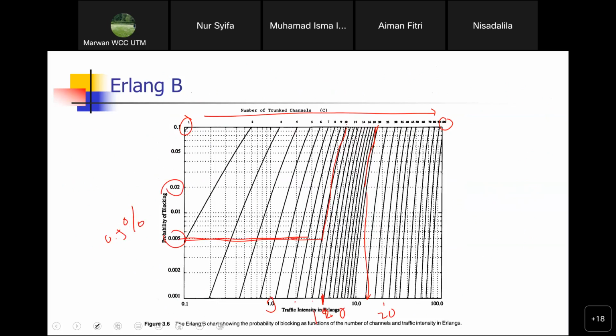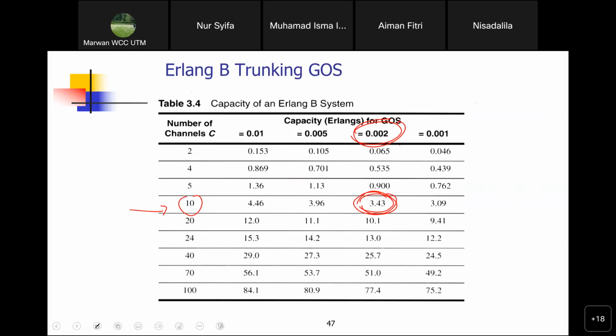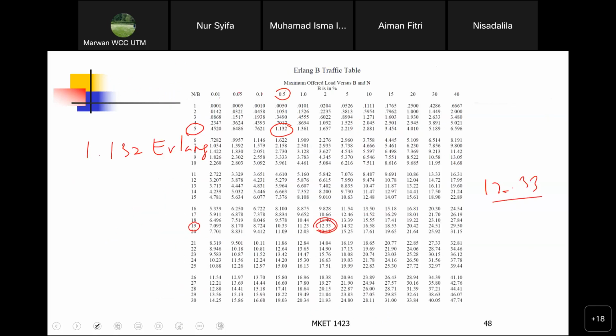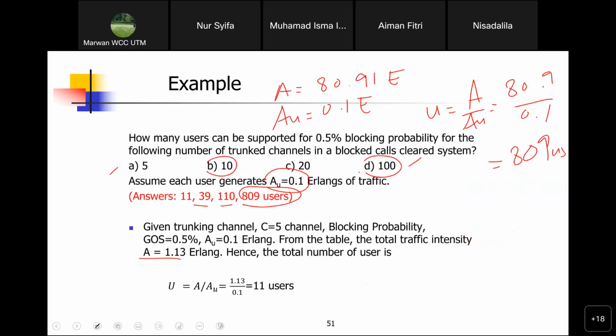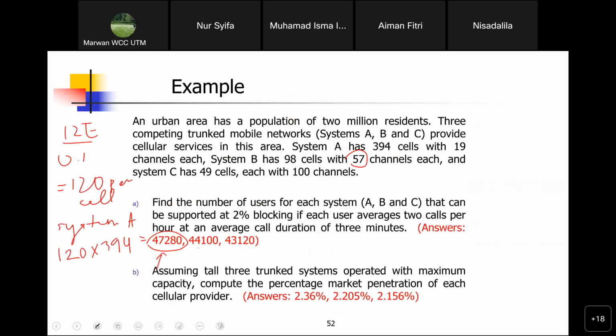Based on the table we normally approximate to 12, and based on the graph it is 12. But from the table you can have the exact value, and the exact number is actually bigger, so you can increase the number of users per cell and per network. So that is question B. Now, what is the market penetration?